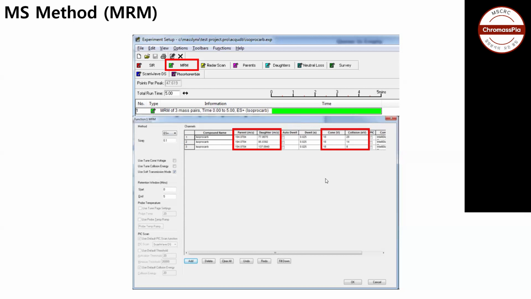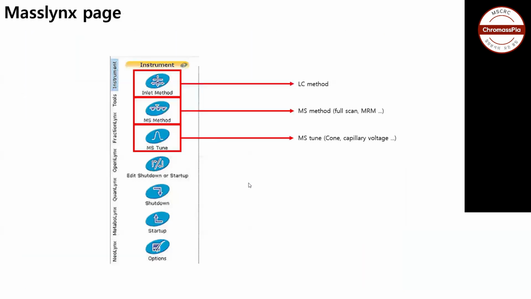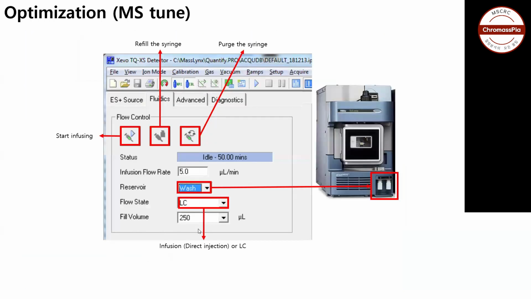May I ask one more question? When we optimize, we need much more sample, right? What if we have limited sample? How are we going to do that? Actually, when we are doing optimization, we almost fill a volume like 250 microliters.